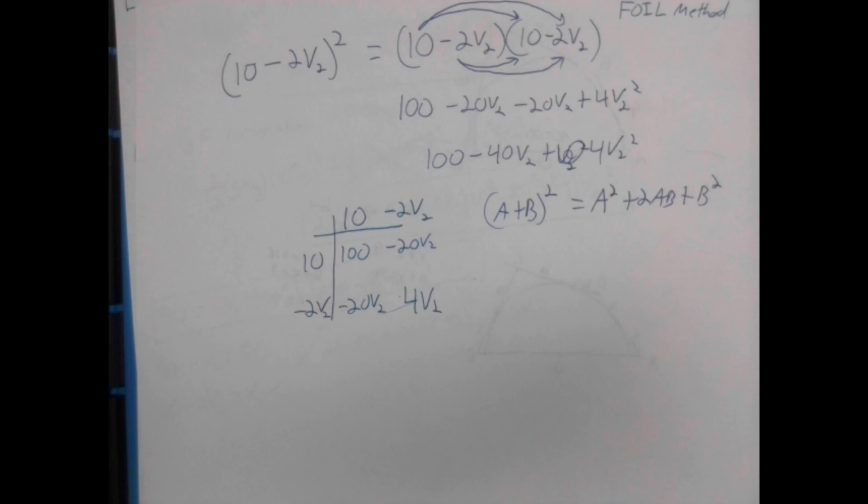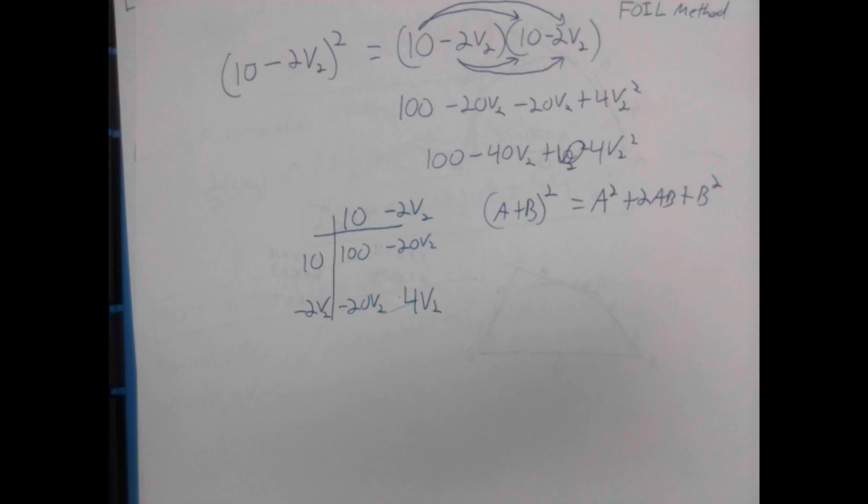But we end up with, thus, 250 is equal to 2.5 times (100 minus 40v2 plus 4v2 squared) plus 5v2 squared.